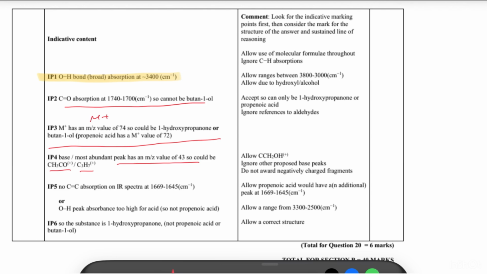We also mentioned that there is no C=C bond absorption at this frequency. You can take this frequency from the data sheet, or you can mention an alternative for the same compound: that the OH is too high for propanoic acid. That's the last sentence, which is the confirmation of your compound.